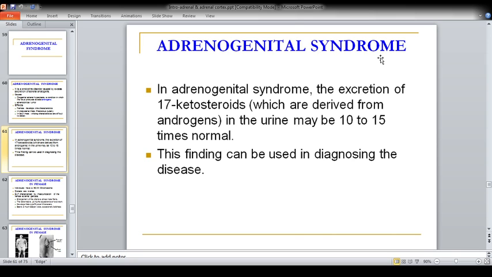This finding can be used in diagnosing the disease in all of the patients, especially in prepubertal males, where there are no other characteristics that can be seen in the patient. We can take a urine sample and we would find 17 ketosteroids in an increased ratio, about 10 to 15 times more than the normal ratio.